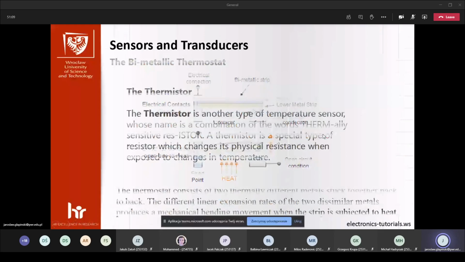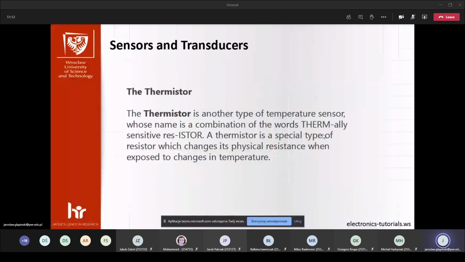Then another type of temperature sensor is the thermistor. The name is a combination of the words thermal, sensitive, and resistor. The thermistor is a special type of resistor which changes its resistance when exposed to changes of temperature.